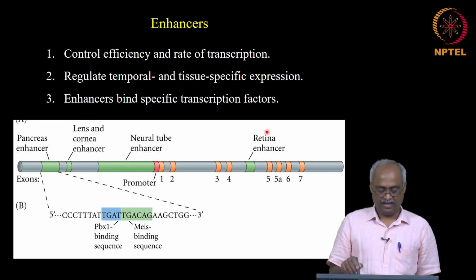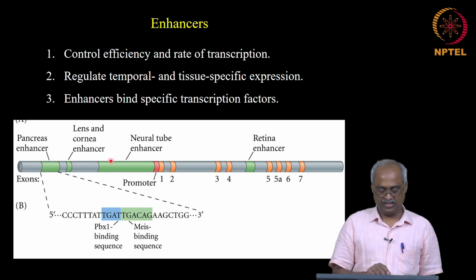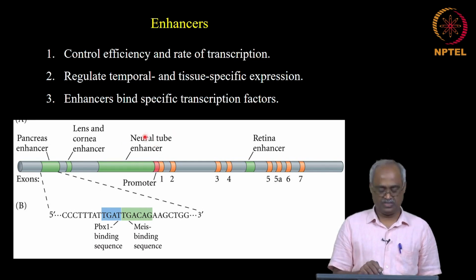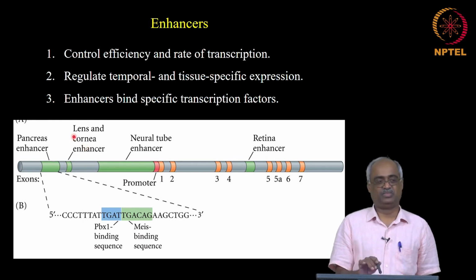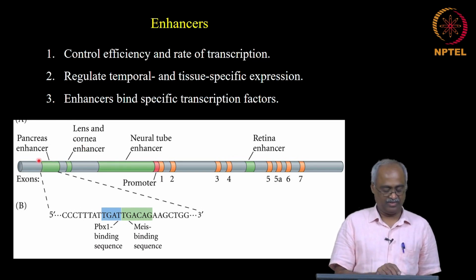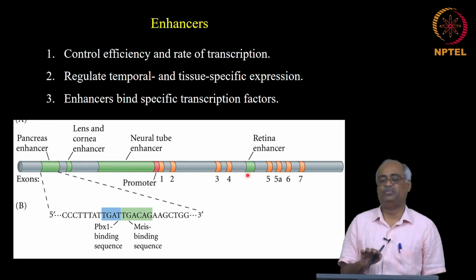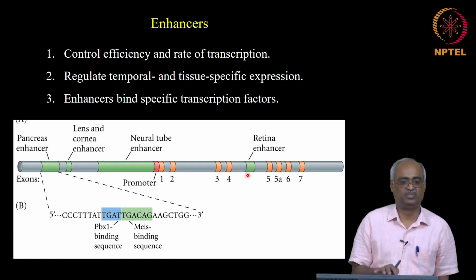And this particular one here, just before the transcription start, is a neural tube enhancer that makes sure this protein is expressed in neural tubes. And the other one, lens and cornea; if you do not have it, it is not going to express there. And the upstream-most one is pancreas specific. So each of these 4 gives a different tissue specific expression of this gene.